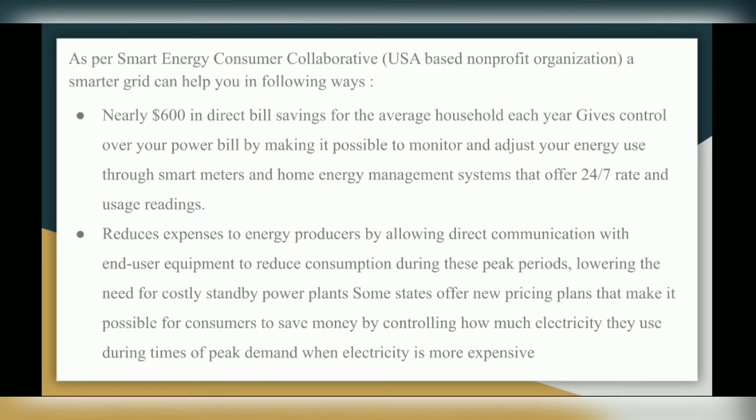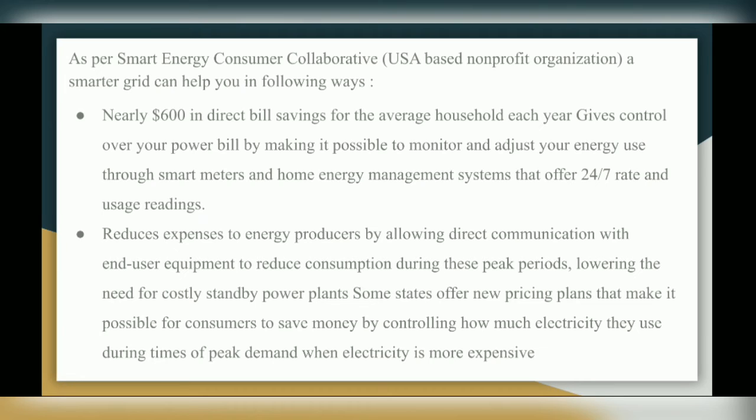It gives control over your power bill by making it possible to monitor and adjust your energy use through smart meters and home energy management systems that offer 24/7 rate and usage readings. So this is the example for USA. In the USA, you can save up to $600 by utilizing this smart energy meter.